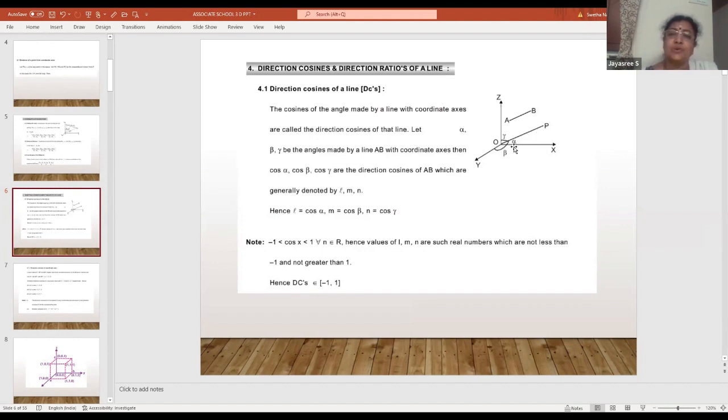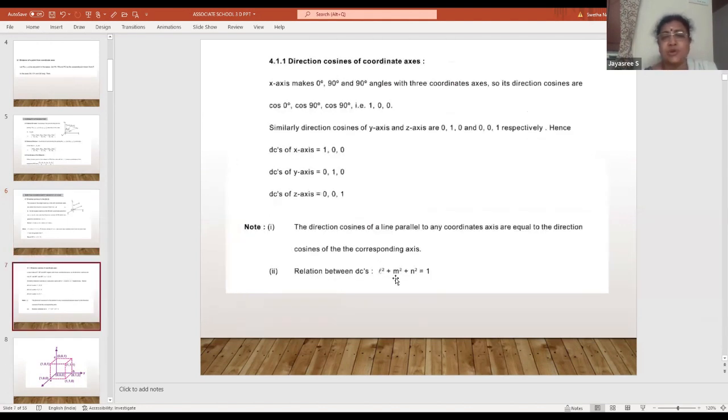Alpha, beta, gamma are the angles, but if you take the cosines, they become cos alpha, cos beta, cos gamma. In general mathematics we write them as l, m, n. So l, m, n are direction cosines, or cos alpha, cos beta, cos gamma.